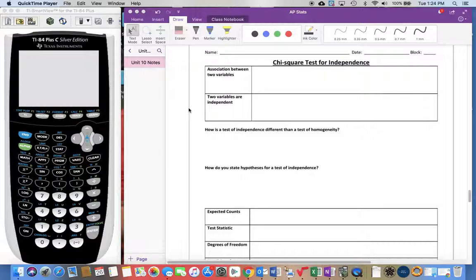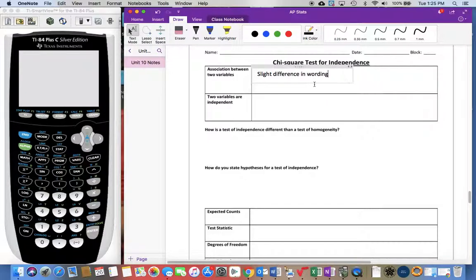So let's first talk about what chi-square test for independence is and how it's slightly different. When you are talking about that, basically the idea of association between two variables is what makes a chi-square test for independence different. Really all it ends up being is a slight difference in wording.